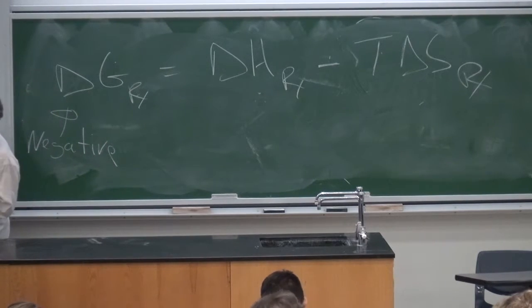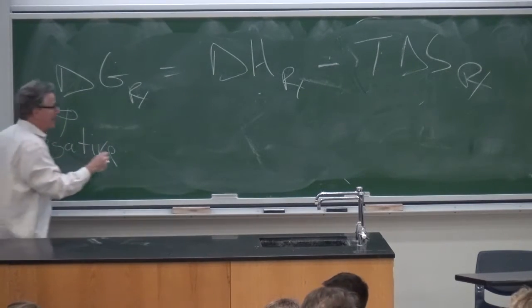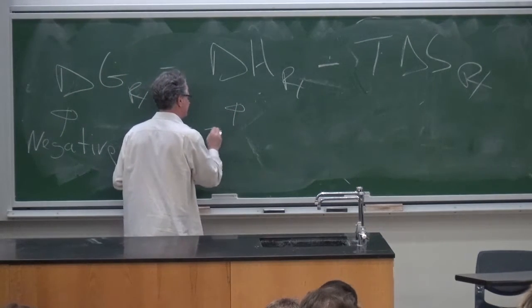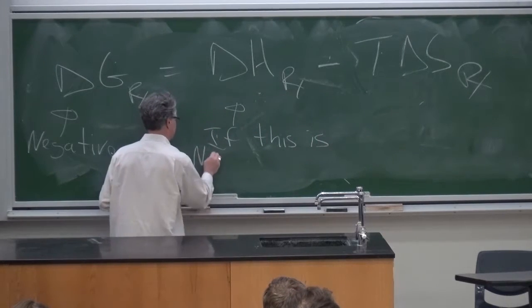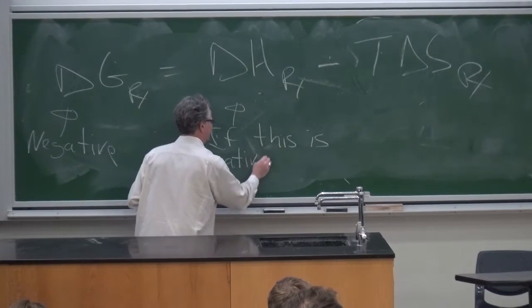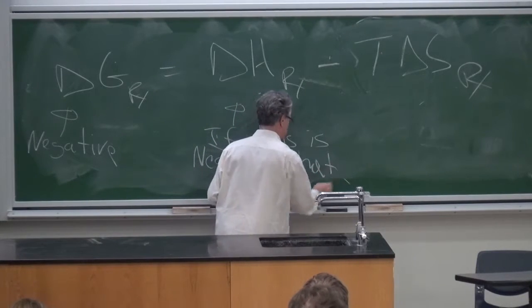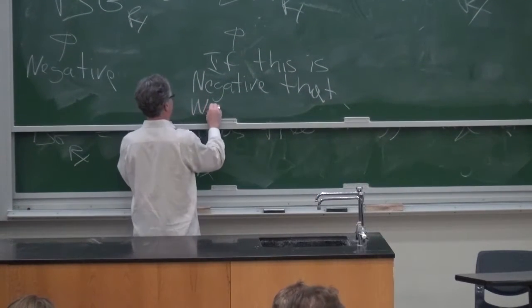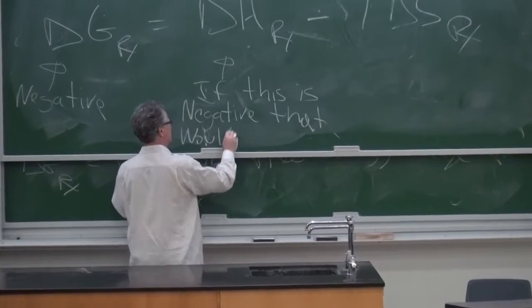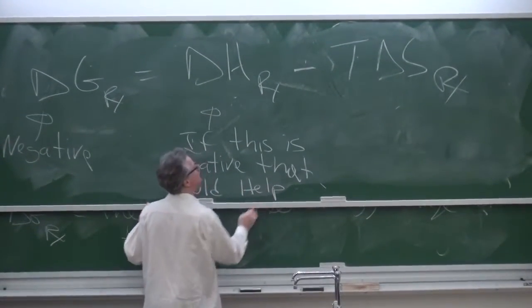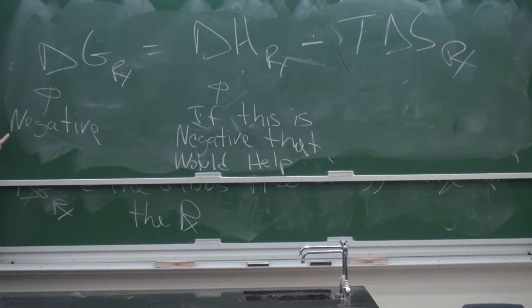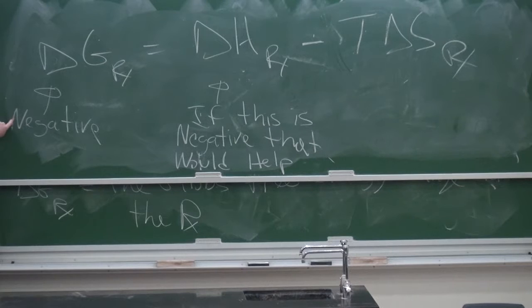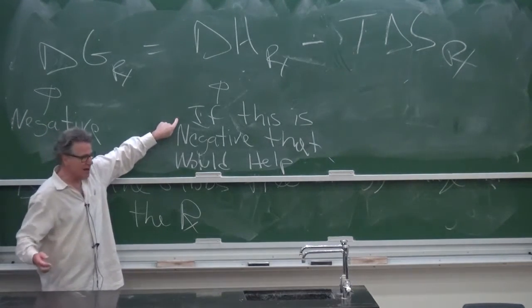Just like we said up there. So a negative delta H would help, wouldn't it? So now we can see why that negative delta H might help, because if we want it to be product favored, we want this to be negative. So if the thing has a negative delta H, great.